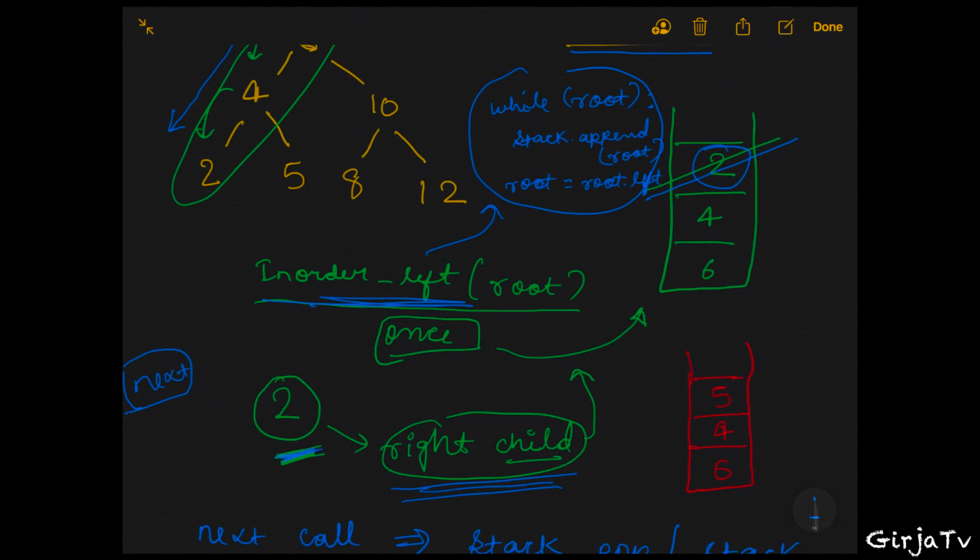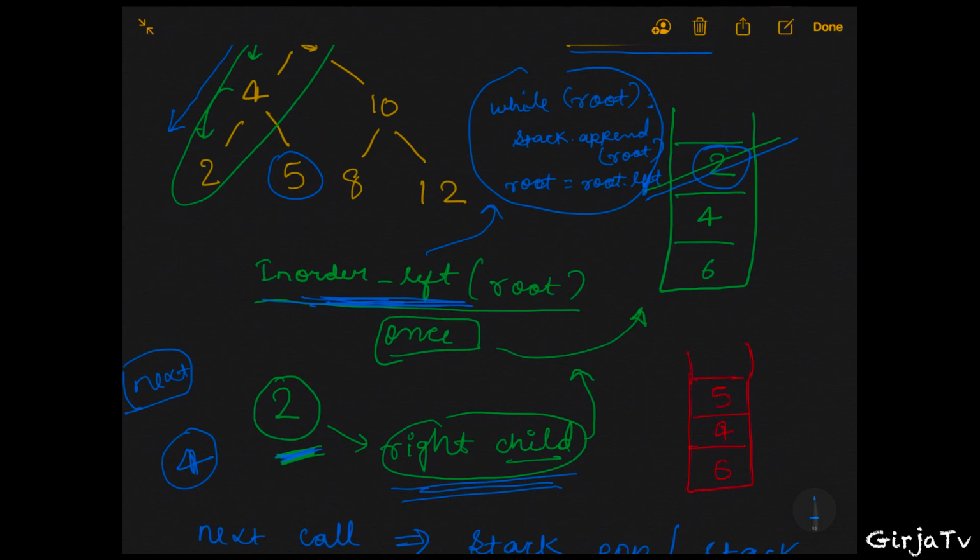Let's say it's 4, in that case we check if it has a right child. Since we know that 4 has a right child, 5, we will call the in order left for 5, and in order left will store the things in the stack for you.